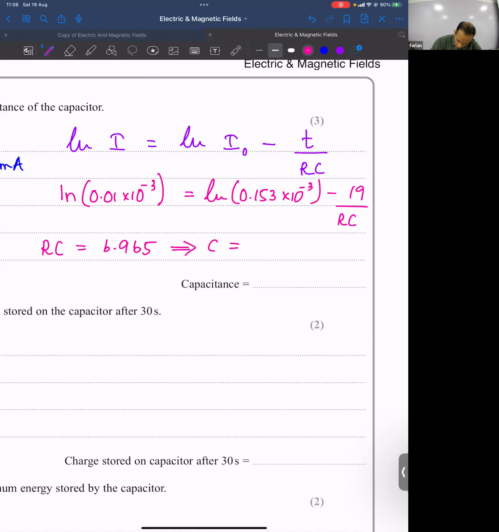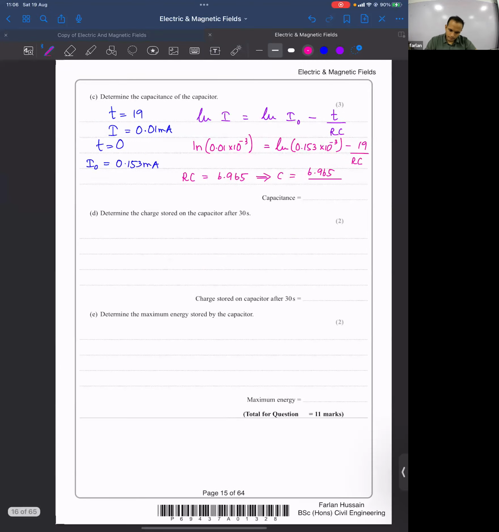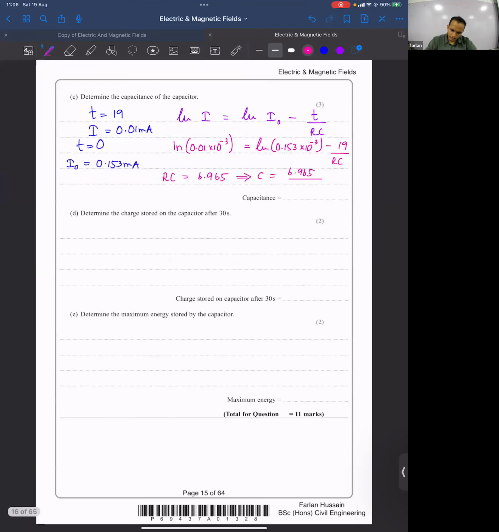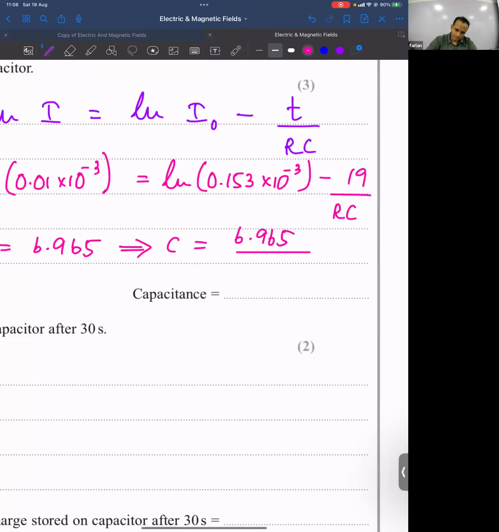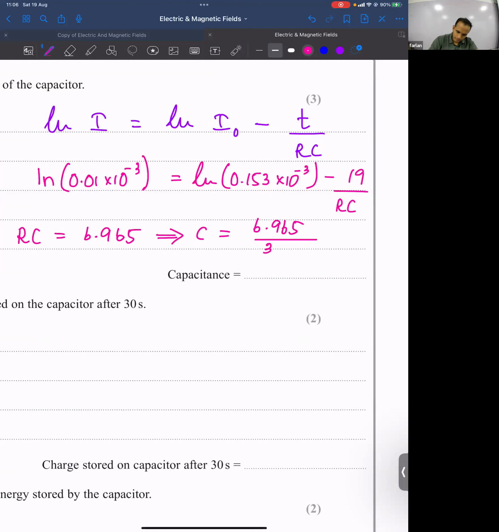So the C will be 6.965 divided by the R. The R is 33 kilo ohms. That gives 2.11 into 10 to the power minus 4 farads, is what I'm getting.